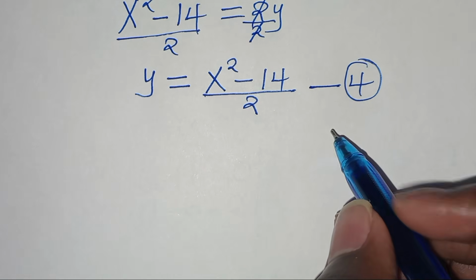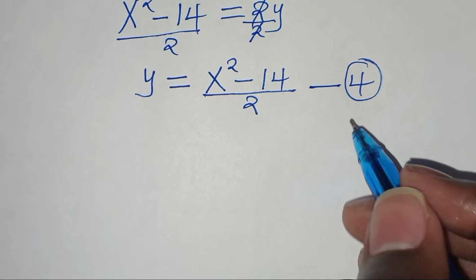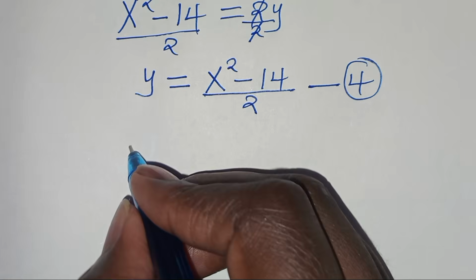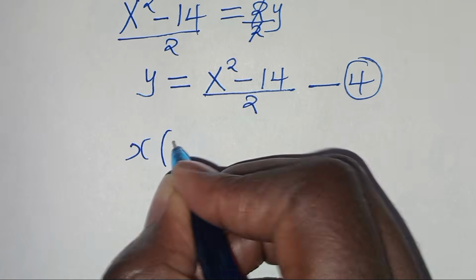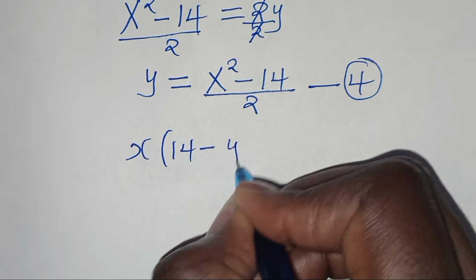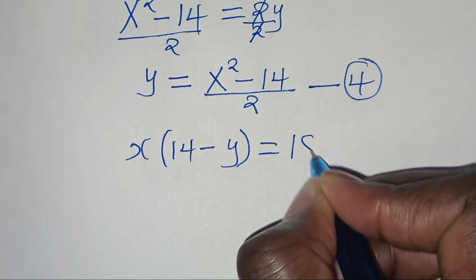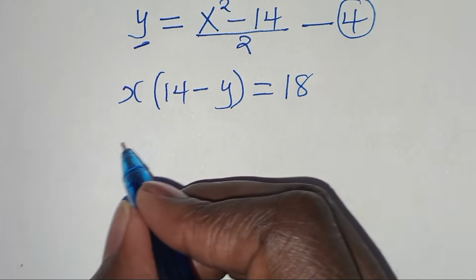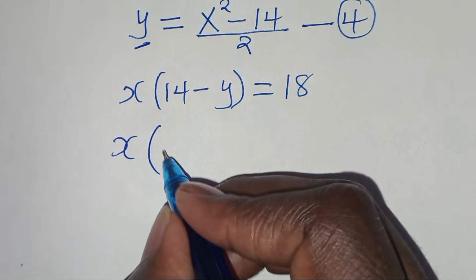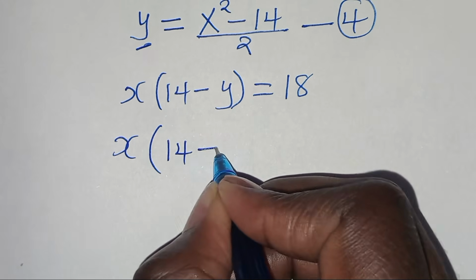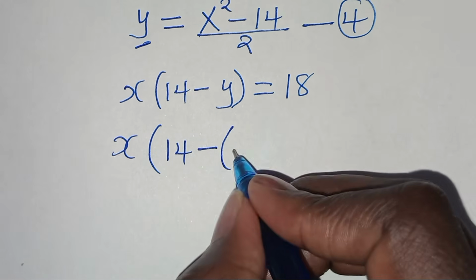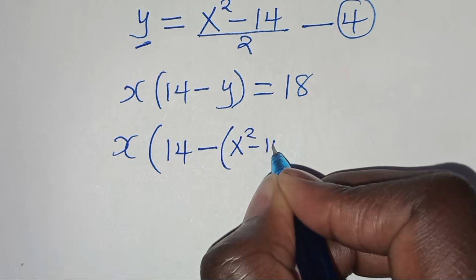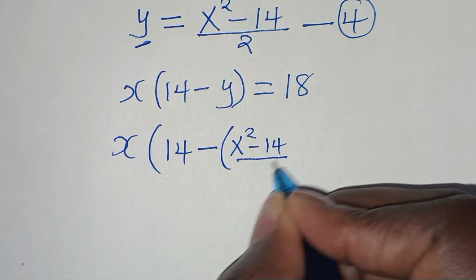Now, from equation 3, which is x multiplied by 14 minus y, this is equal to 18. Let's substitute the value of y. So this is x into the parenthesis. This is 14 minus, into the parenthesis, this is x squared minus 14 divided by 2.